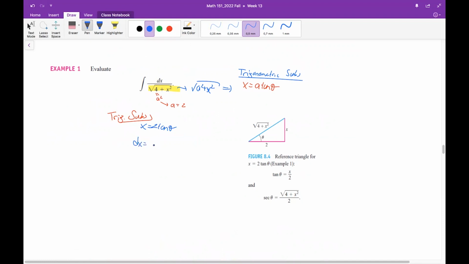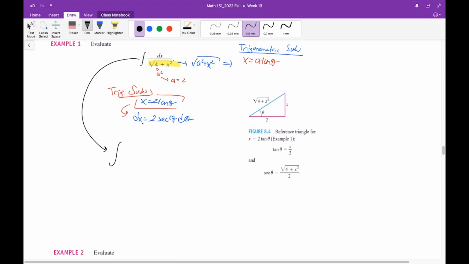Then compute dx. It is 2 times secant squared theta d theta. Then you are ready to rewrite your function in terms of theta and d theta. Dx is this line, you directly insert that line for dx.